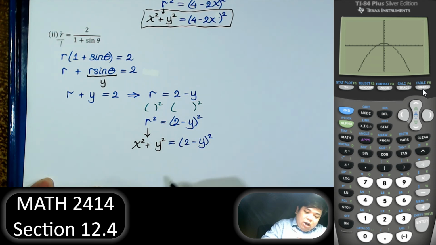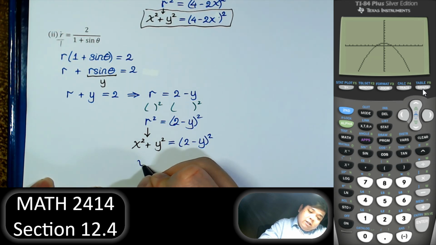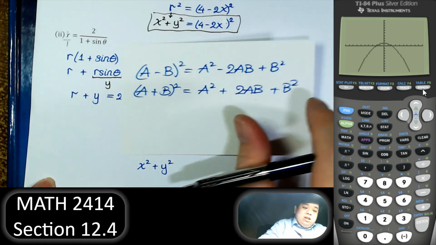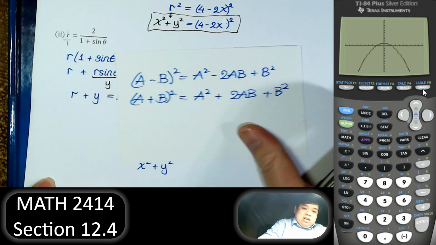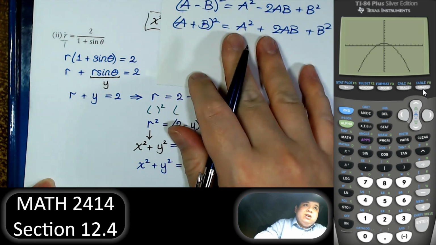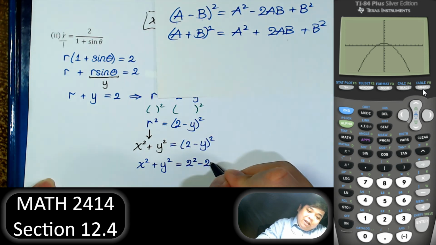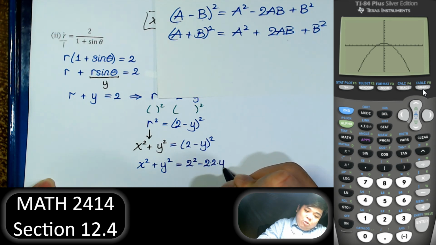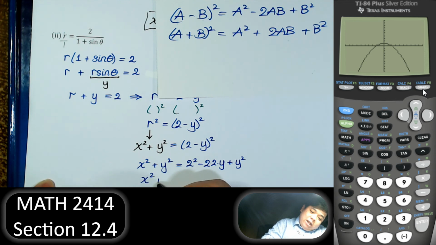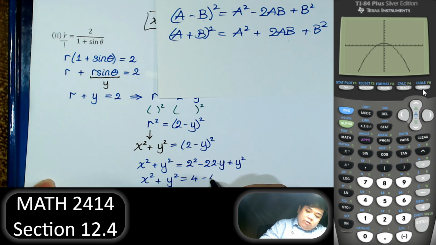Multiply this out. (2 minus y) squared: (a minus b) squared is that. So it's going to be 2 squared minus 2 times 2 times y plus y squared. So we have x squared plus y squared equal to 4 minus 4y plus y squared.